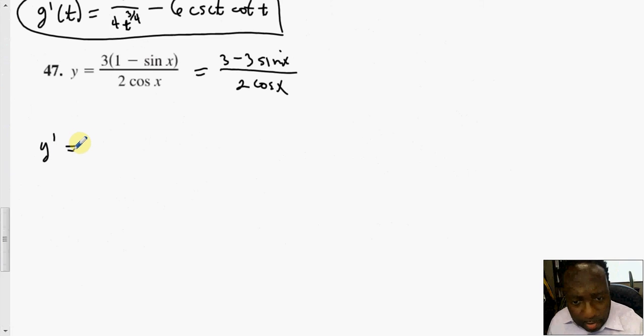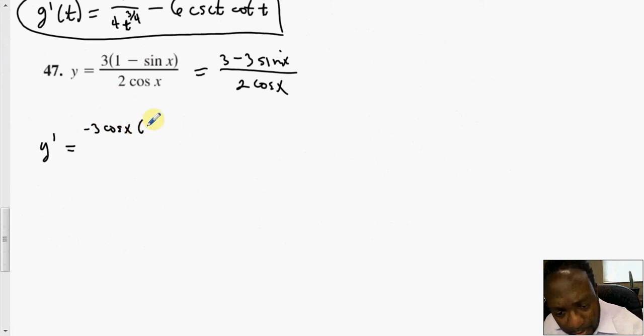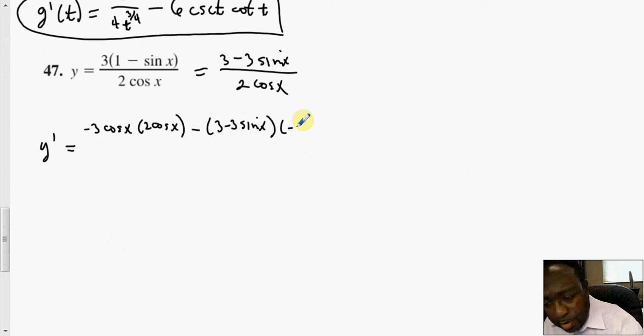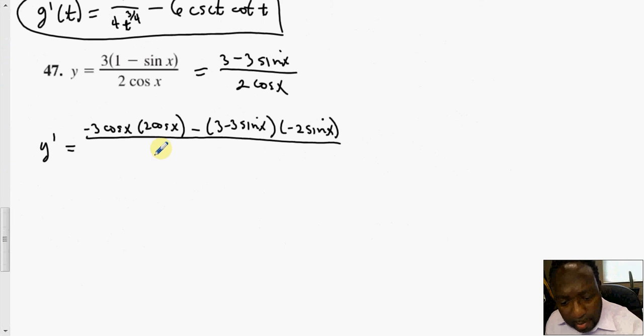So y prime, using the quotient rule, is the derivative of the numerator, which is negative 3 cosine x, times our denominator, 2 cosine x, minus our numerator, 3 minus 3 sine x, times the derivative of our denominator, which is negative 2 sine x, all over our denominator squared.